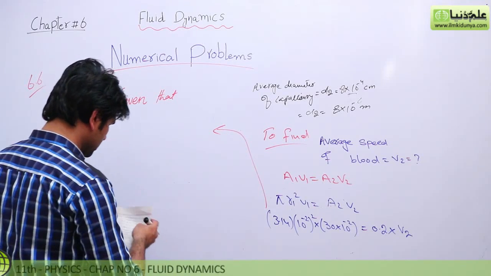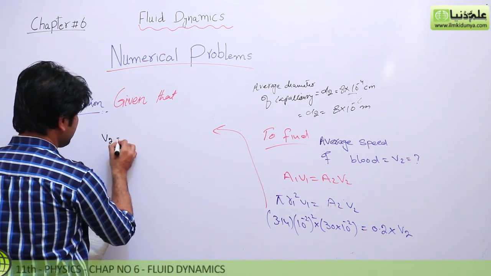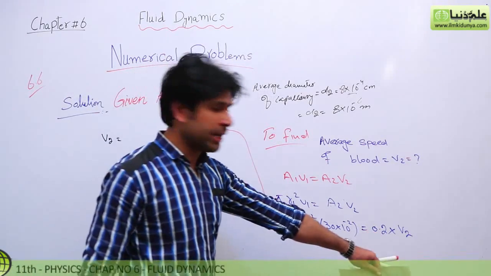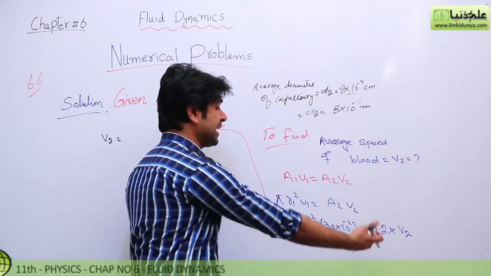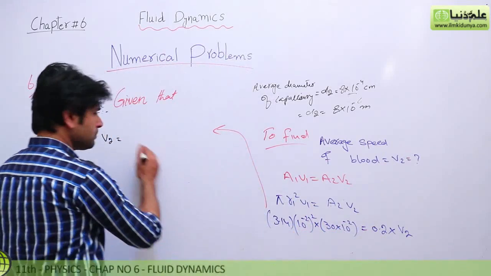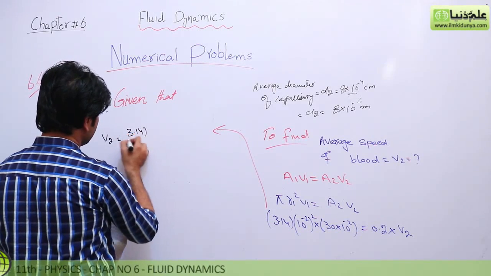We can have V2. Now we will have to find V2, and you know that this term 0.2 is multiplying V2, and when we take this term to the other side, it will be the denominator. This should be 3.14.